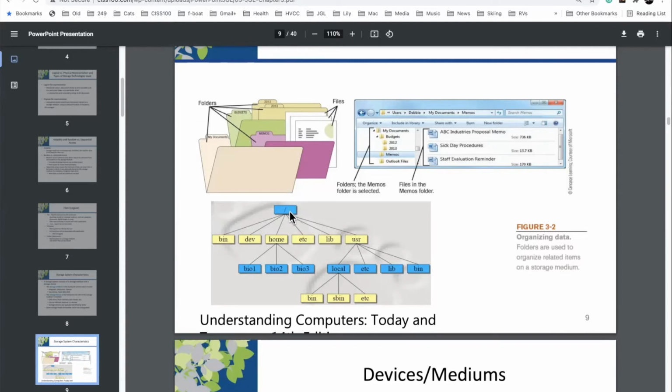So at this level, I could not make another directory called etc. If I was at the root level, I could not go mkdir etc. It would not let me because it already exists. However, if I was to traverse or navigate down into any one of these other subdirectories, I could mkdir etc. I couldn't do it in this one. There's already an etc. there, but I could do it in others because they're different namespaces.